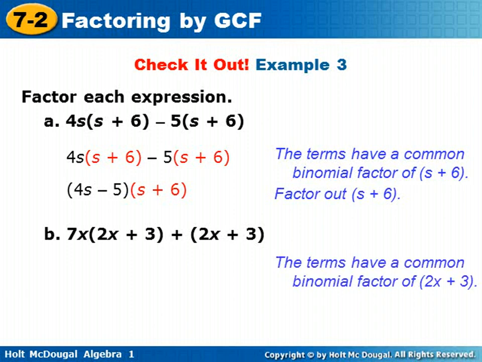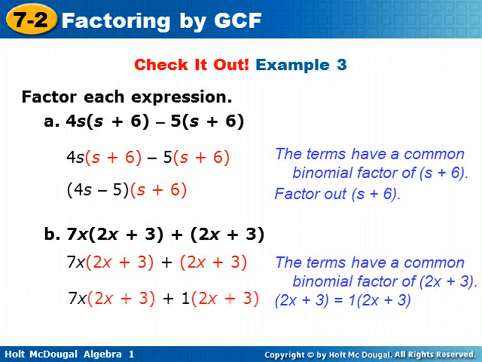For B, the terms have a common binomial factor of 2x plus 3. Please remember that 2x plus 3 in parentheses is like saying 1 times 2x plus 3. So we factor out 2x plus 3, giving us 2x plus 3 times 7x plus 1.